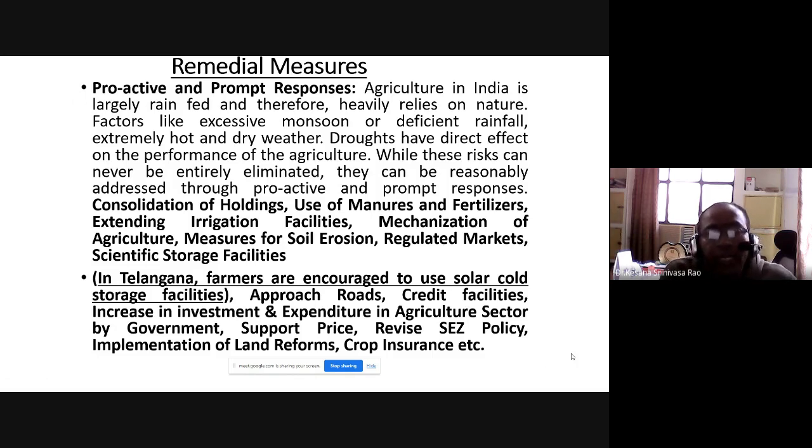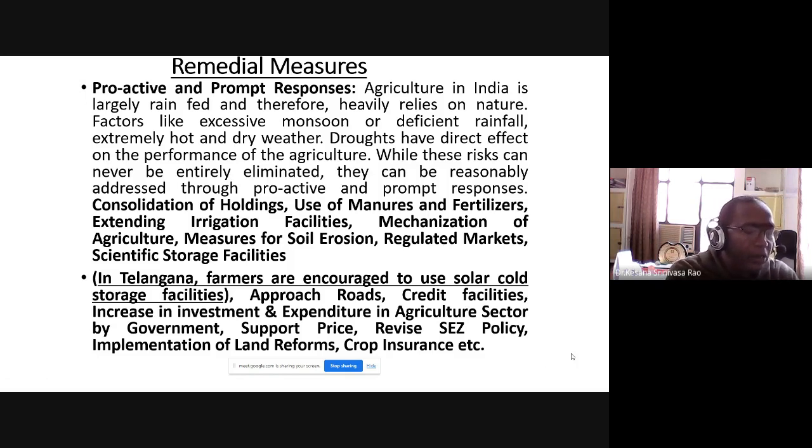Here, our farmers are encouraged to use solar cold storage facilities, especially in one of our states. Then approach roads, credit facilities, increase in investment and expenditure in the agriculture sector by the government, because this is one of the basic lacunae which is taking place in India.